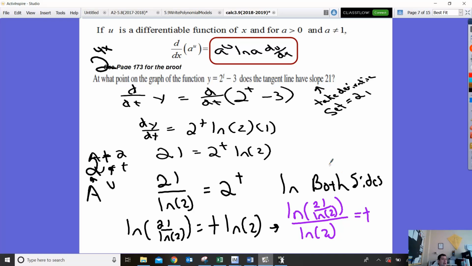That's not the entire answer to the question, though, is it? No, that's part of it. They wanted a point. You found the x value, because you found the independent variable t. And now you have to find the y variable.